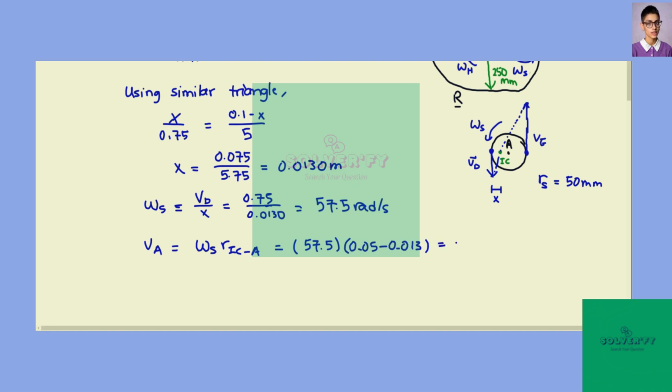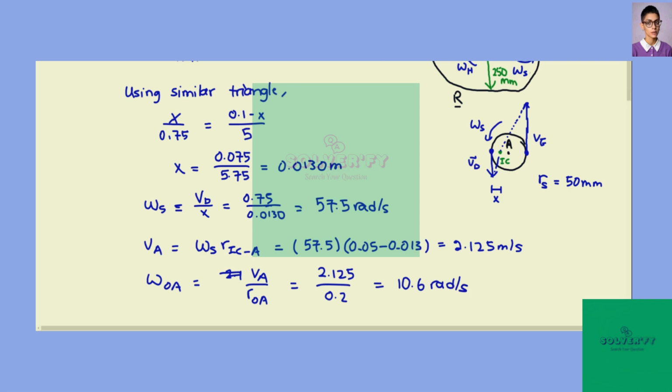This is equal to 2.125 meters per second. And then the angular velocity of the arm OA will just be VA divided by the distance between points O and A. So it will be 2.125 divided by 0.2, and we get 10.6 radians per second.